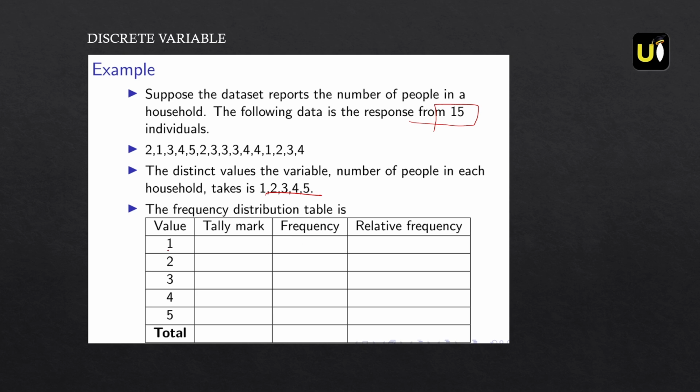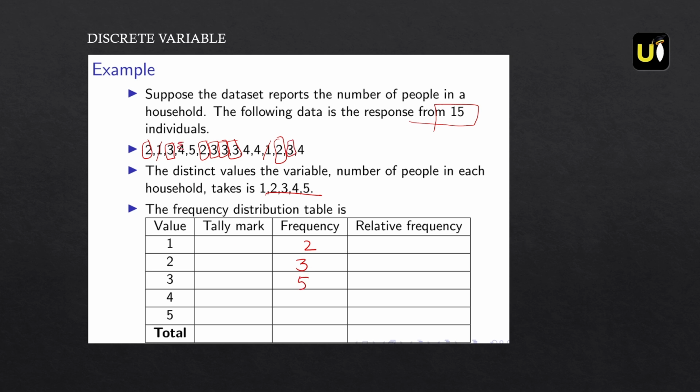distribution table here. In the previous lecture I already told you how to make a frequency distribution table. So now we will count for 1. We have 1 and 2. Now count 2: 1, 2 and 3. Now count 3: 1, 2, 3, 4 and 5.